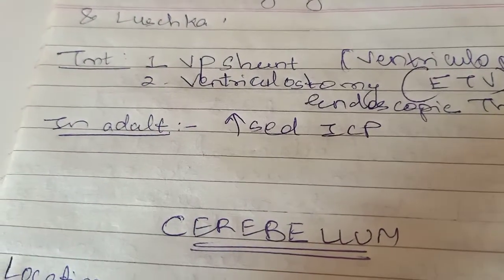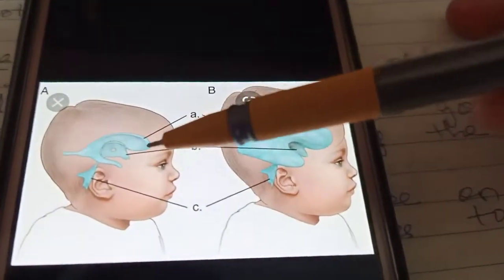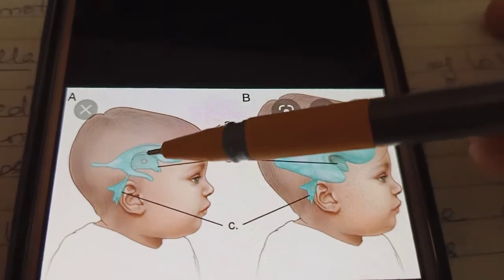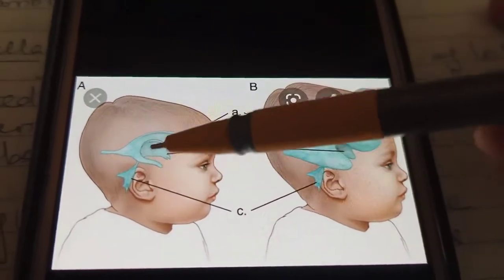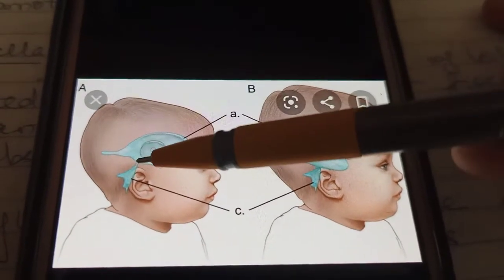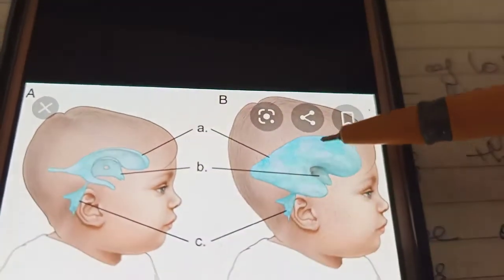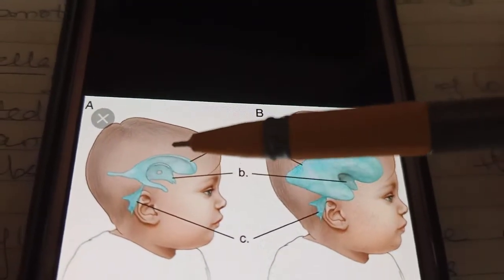The ventricles will get swollen, and this condition is known as hydrocephalus. Here is the normal flow: the lateral ventricle, the foramen of Monro, the third ventricle, the cerebral aqueduct, the fourth ventricle. When there is obstruction, you can see the swelling. This is known as hydrocephalus.